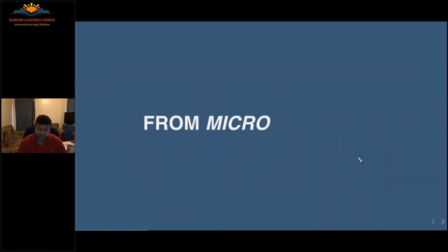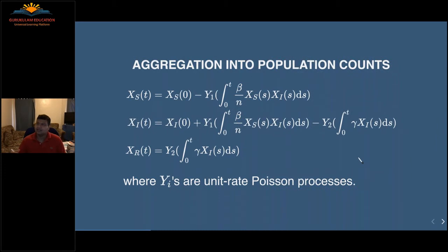Okay, now how do we move from the micro description, where we had these individual trajectories, to the macro description? Well, it's very easy to move from micro to macro if we just accumulate. If we accumulate all the susceptible individuals, all the infected individuals, and all the recovered individuals, then we can again write down trajectory equations for those population level counts.